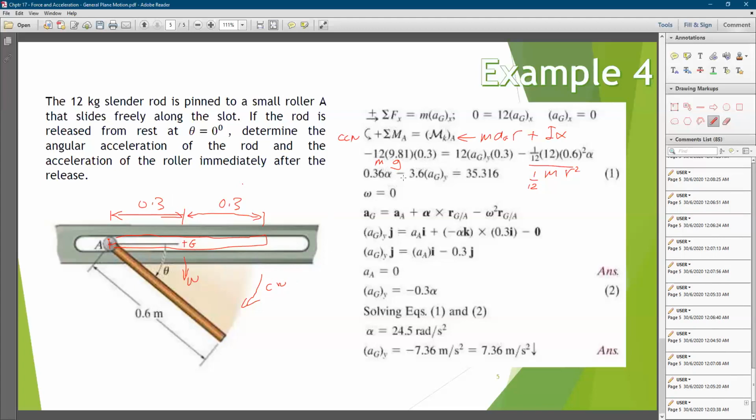Rearrange and simplify this particular equation, then we will get the first equation. We know that it starts from rest, so omega is equal to 0.